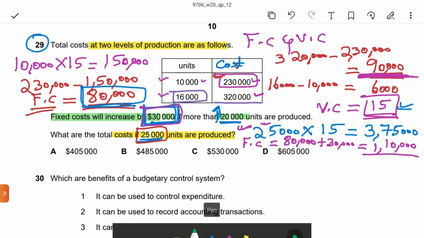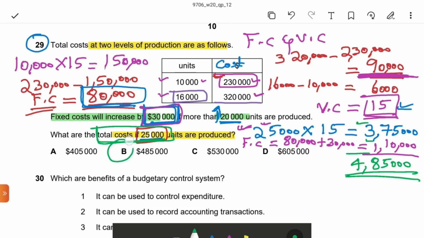So the total cost to produce 25,000 units is 375,000 plus 110,000, that is 485,000. So the correct answer is B.